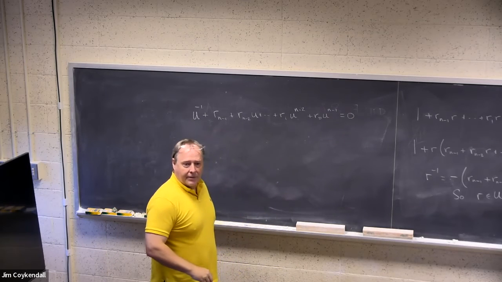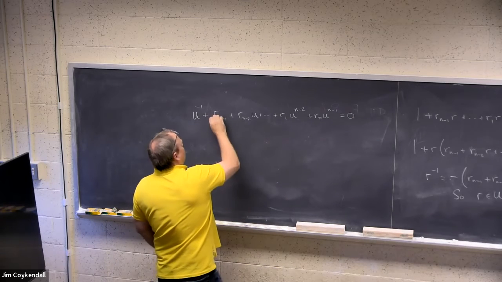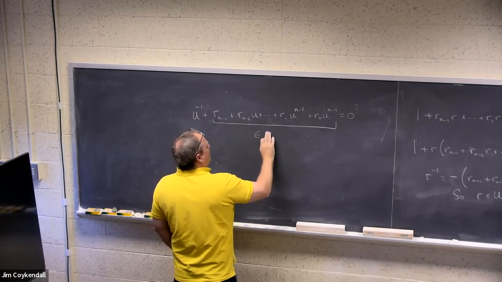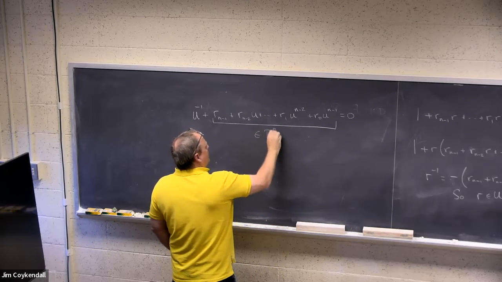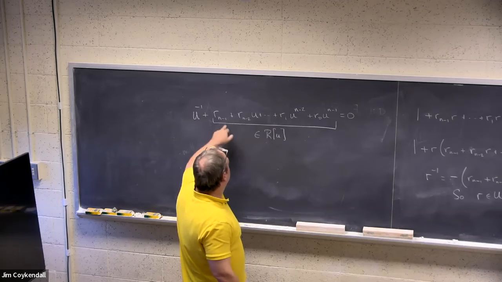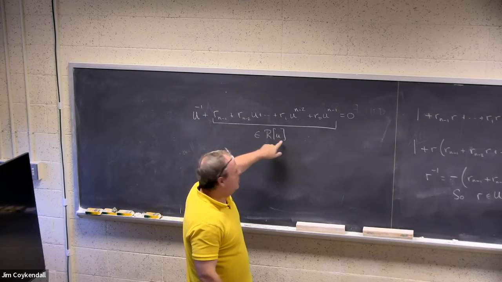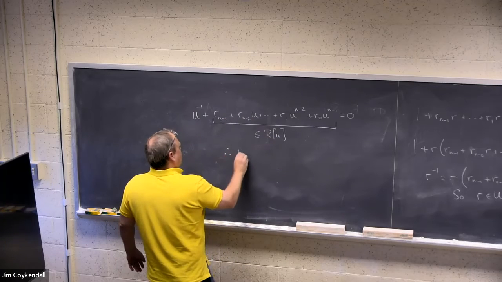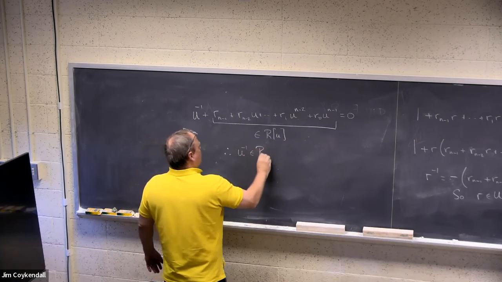Agreed? Notice this chunk right here is in R adjoining U, because this is the smallest ring containing all of R and U, and so therefore U to the n minus one is in R[U].